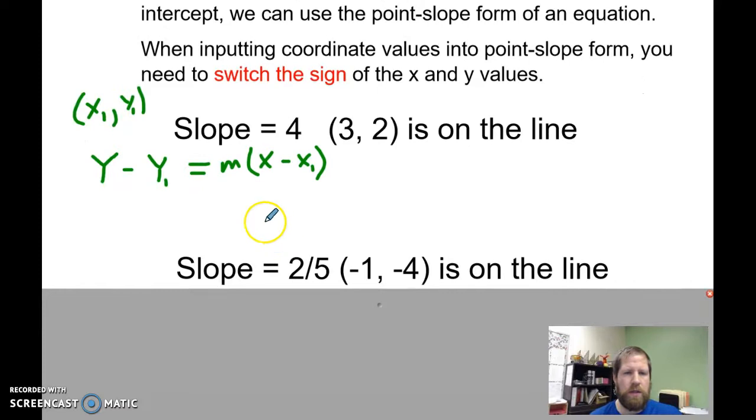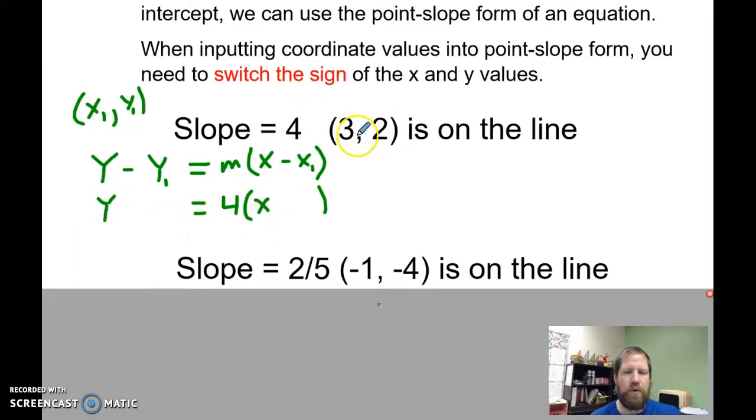Okay, so slope should be easy to plug in. Okay, it's right there, it's always m, so I'm going to just put that right below it. It's going to be 4, my equal sign will stay there, my parentheses will stay, my x is going to always be there, my y is going to always be there.